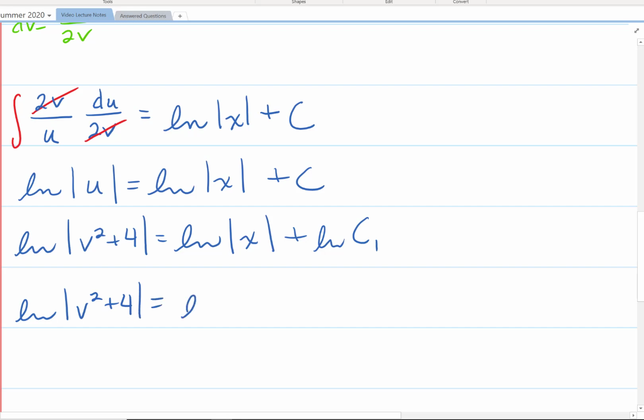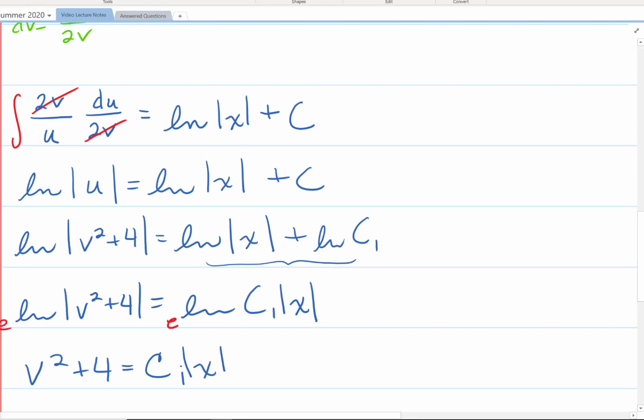Because what we can do now is, a little bit of work gets us this. This is the same as natural log of c sub 1 times the absolute value of x, using logarithmic properties to combine these two. And then I can exponentiate both sides and end up with this: v squared plus 4 equals c sub 1 times the absolute value of x. I don't need a double absolute value, so we'll just put them on one side.